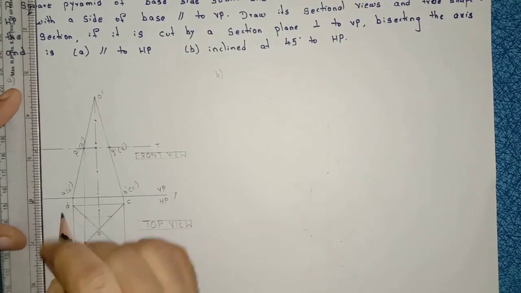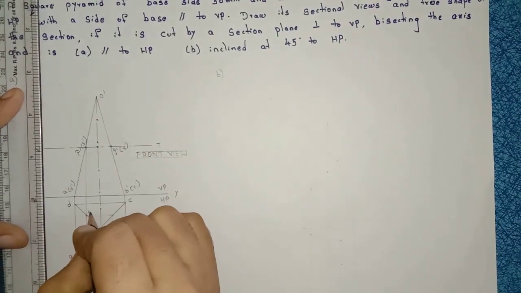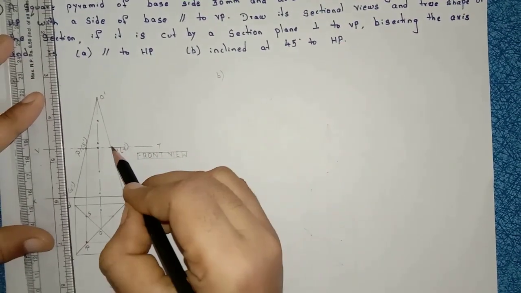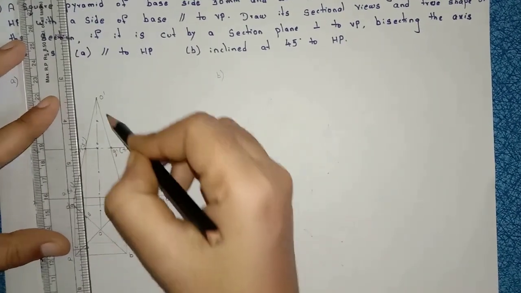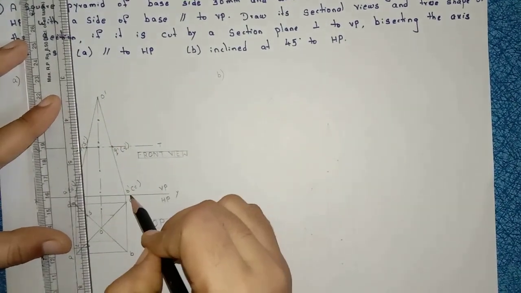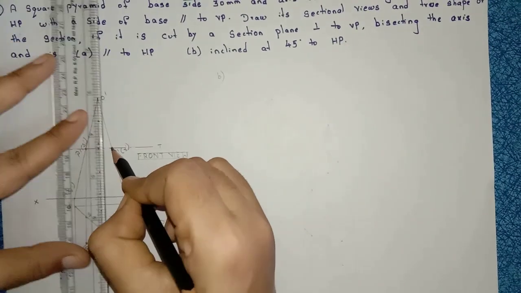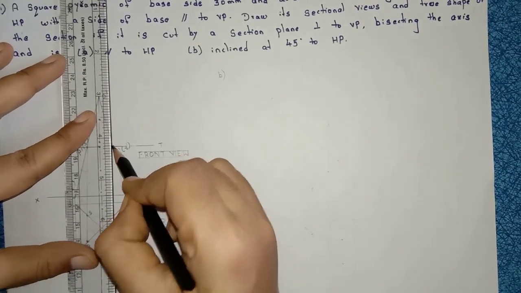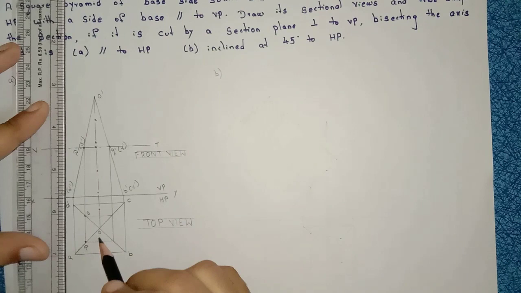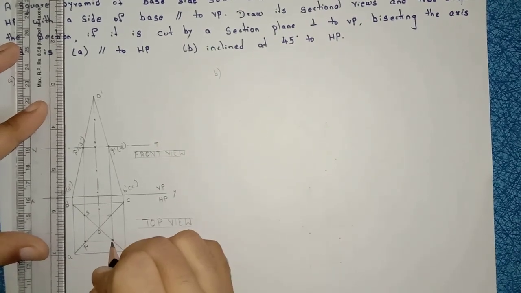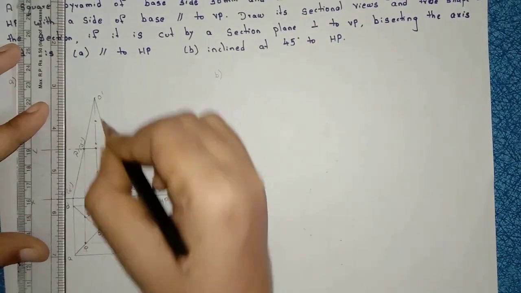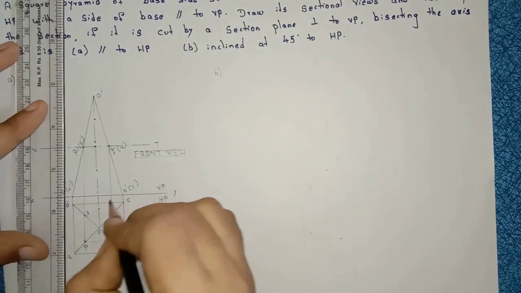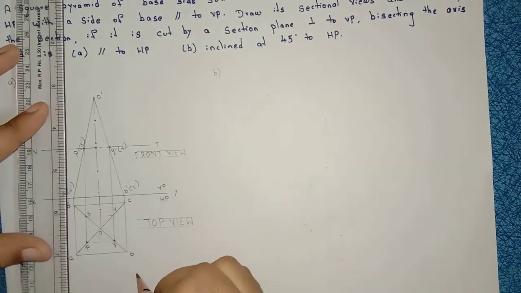In between OD, mark this point as S. Then next, from Q dash, it is in between O dash and B dash. From Q dash, draw the projection line. Right, in between O and B, mark this point as Q. R is in between OC. In between OC, mark the R point.